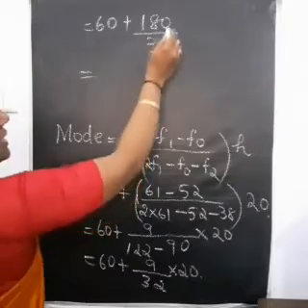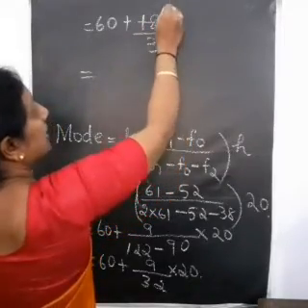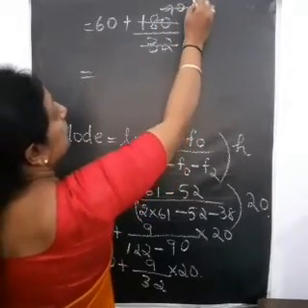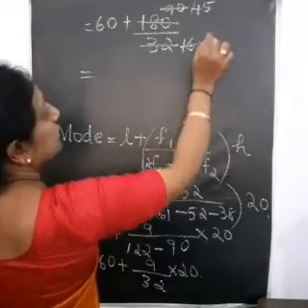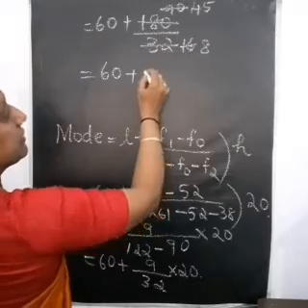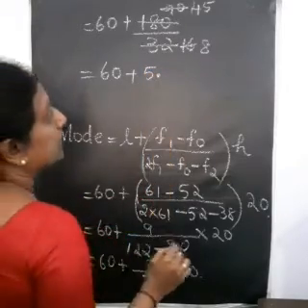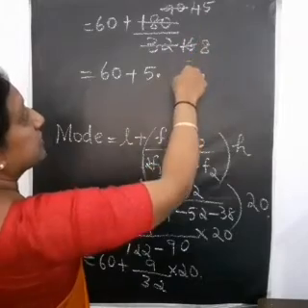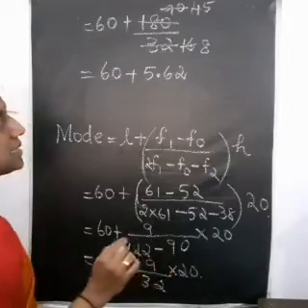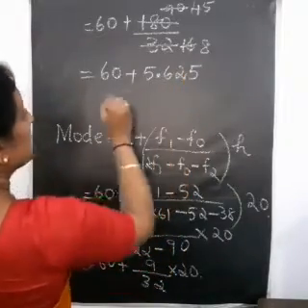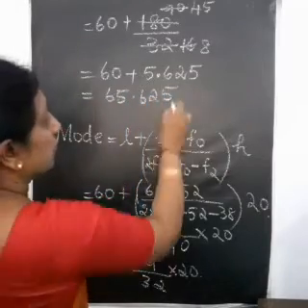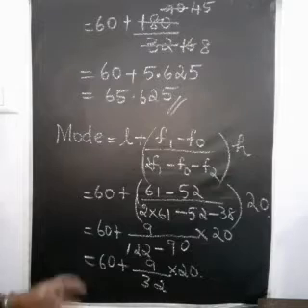Cancelling, we get 45 divided by 8. So 60 plus 5.625, and we get 65.625 as your mode.